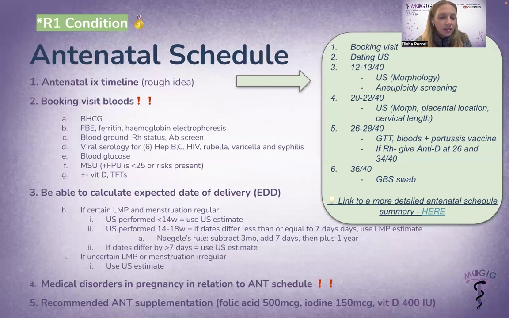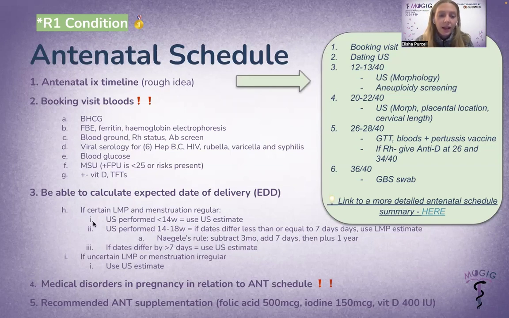So the next thing that's important is being able to calculate the expected date of delivery. I've just written that clearly here. The first thing you have to ask is if they know when their last menstrual period was, and whether menstruation is regular.